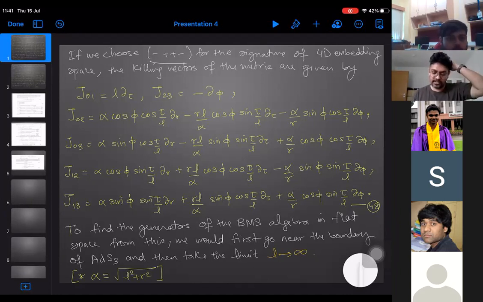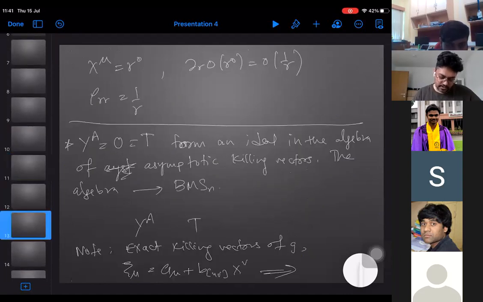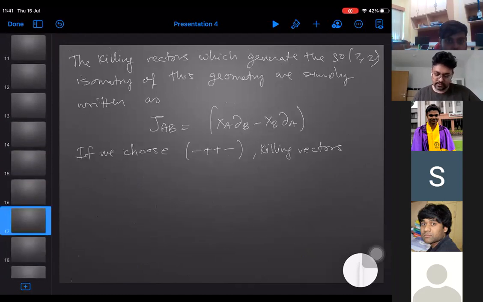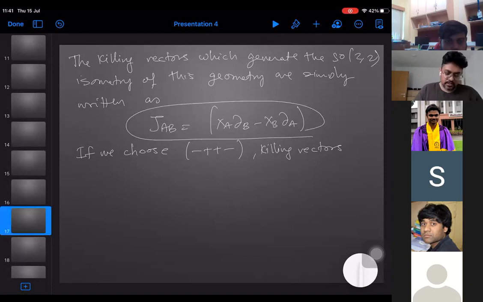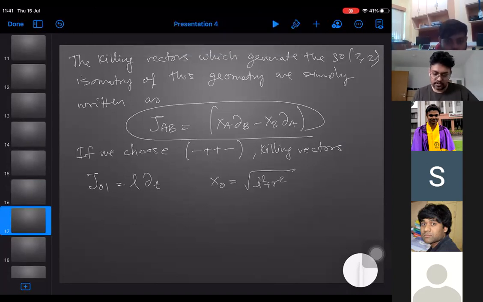So if you choose this, the Killing vectors of the matrix are given by this. For one example, as you can see, your J01 is just your L del T. Over here, you have to take X naught as, sorry, first tau.